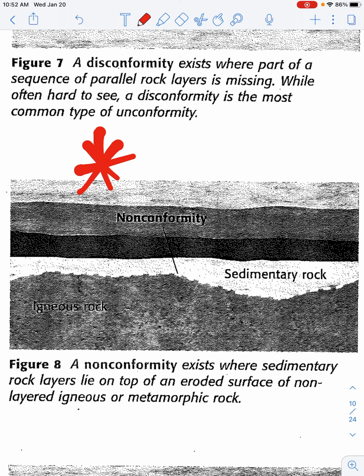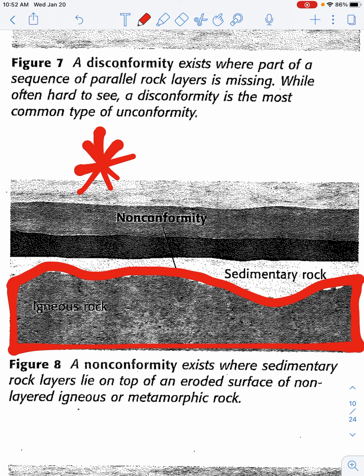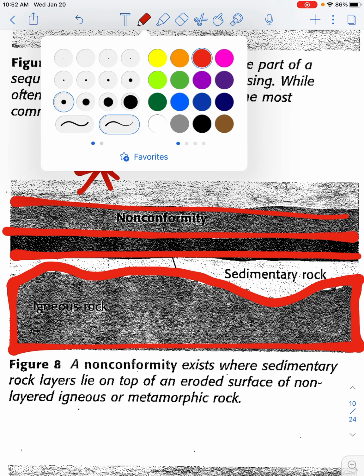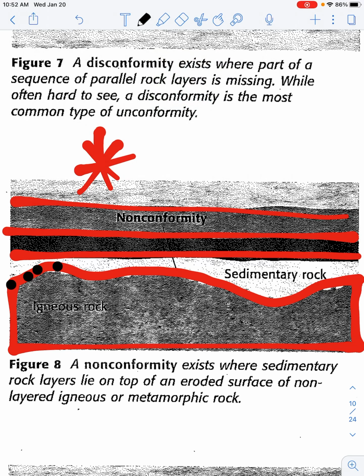So you've got this rock here that's not layered. You see there's no layers there. And then on top of it, you've got the layers. Well, that area right along here is called a nonconformity. It doesn't conform, right? It's not conforming with the previous layers.